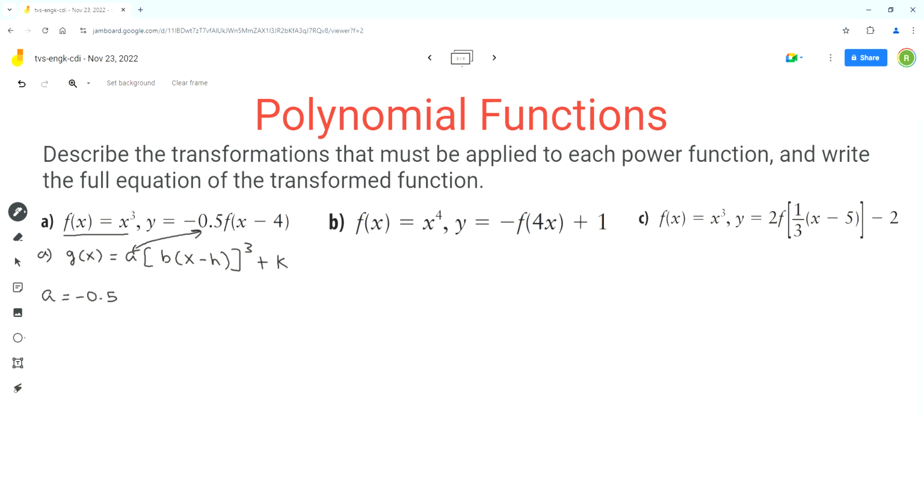For a equals negative 0.5, the transformations are reflection over the x-axis, and there is a vertical compression by a factor of 0.5 or 1 over 2 because 0.5 is between 0 and 1.